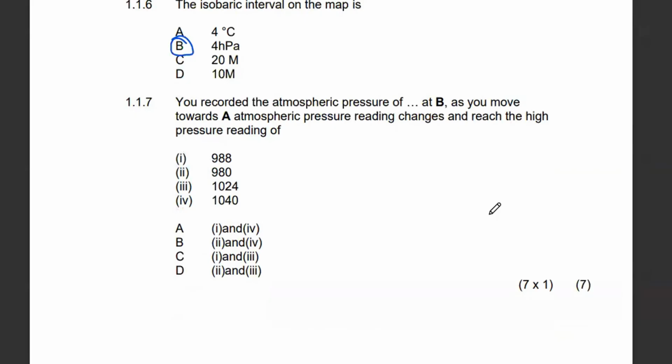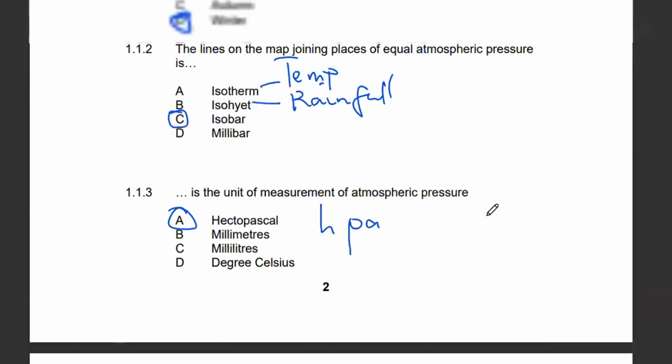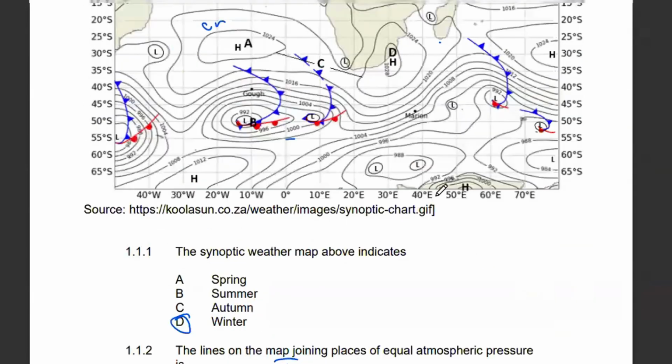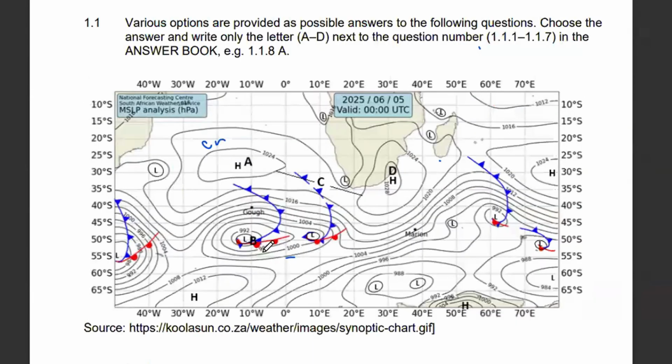If you check here, we are comparing area B. This is area B and this is area A. So what it means here is at B, our pressure reading, if you check in the middle of the low pressure cell, there is another isobar.